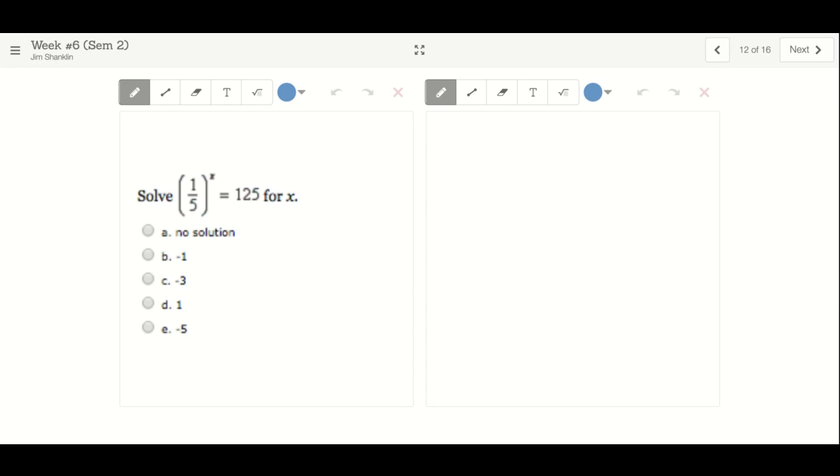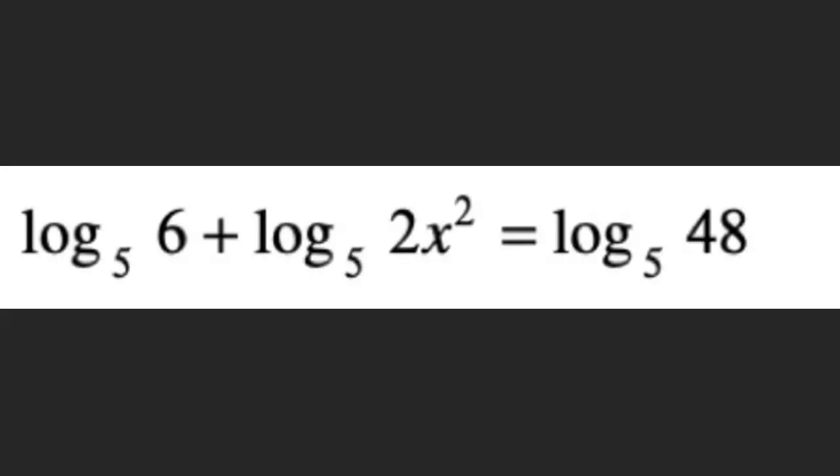All right, let's see if I can put this on them. All right, this is problem number 4. Uh-oh. It's not showing up. Oh, there we go. All right.